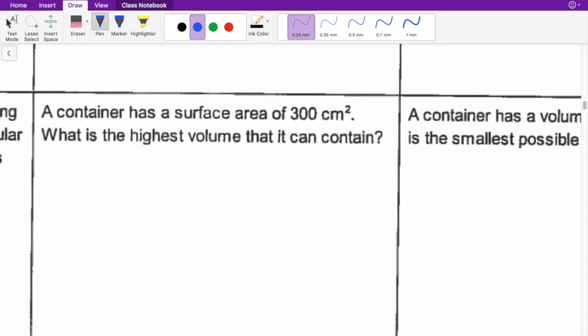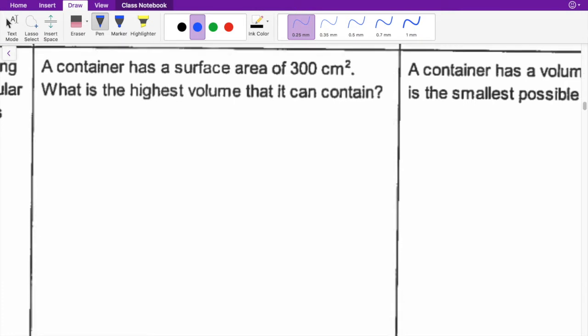So if we think back, the optimal space, two-dimensional, was a square. So if we think three-dimensional, the optimal space will be a cube, right? So we're going to make a cube here. And if I could draw a cube, I'd be much better at art.